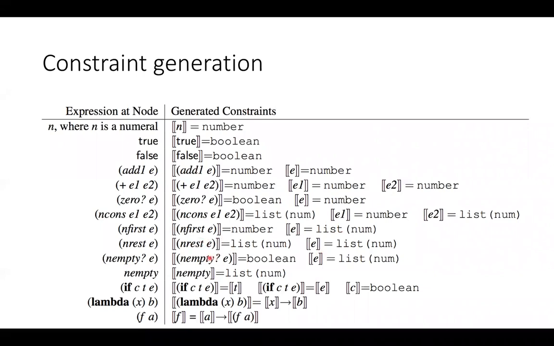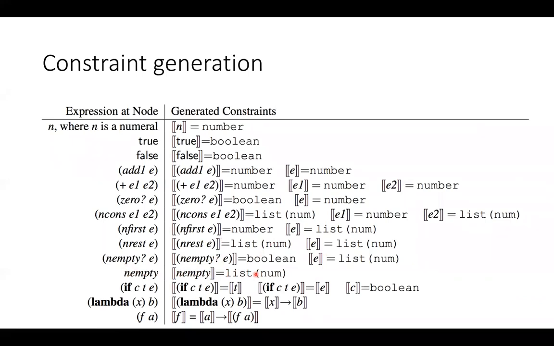Rest gives us this, empty gives us this. nempty is the number list constructor, and if we ever call it, it gives us a list of numbers. Notice that even though that's an empty list, there's only one kind of list in this little language. So it's still a list of numbers, even though it's an empty list, and the typing will work out for us.